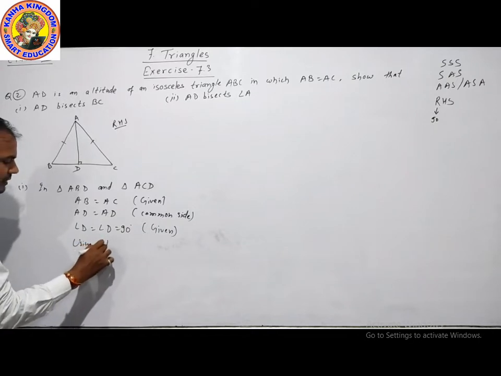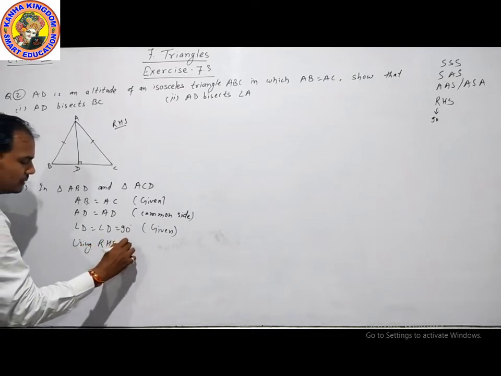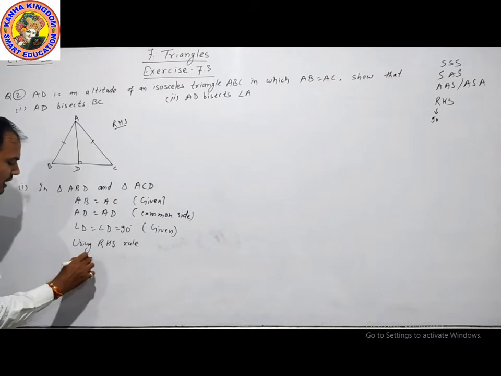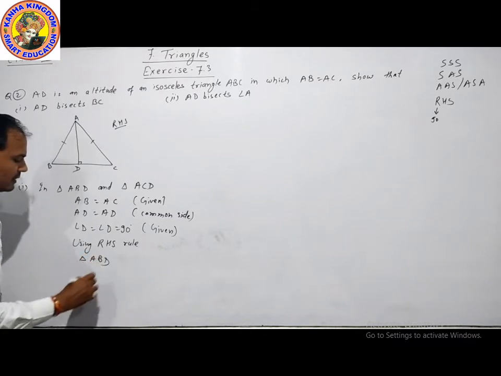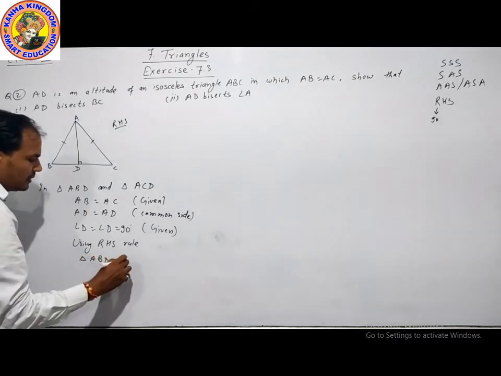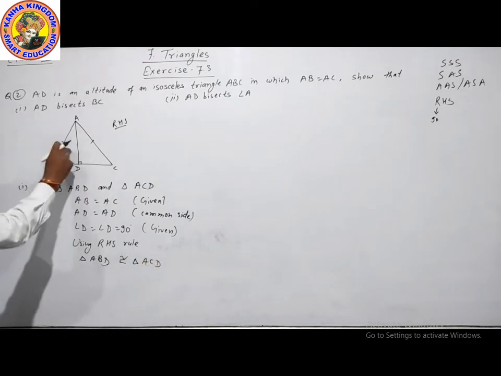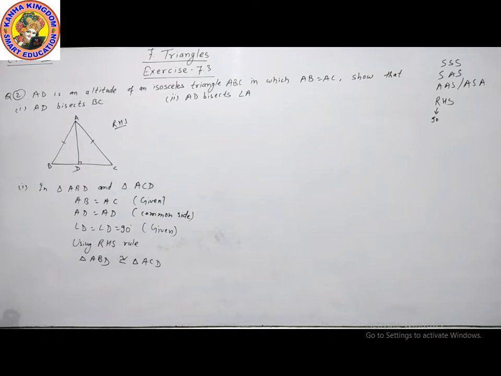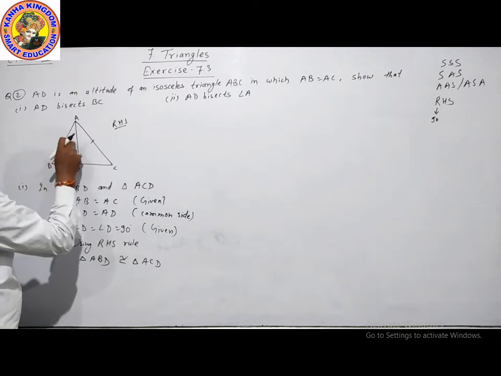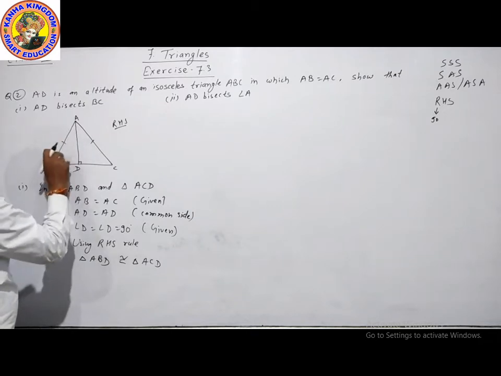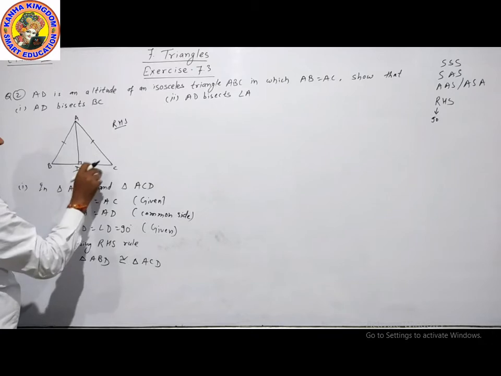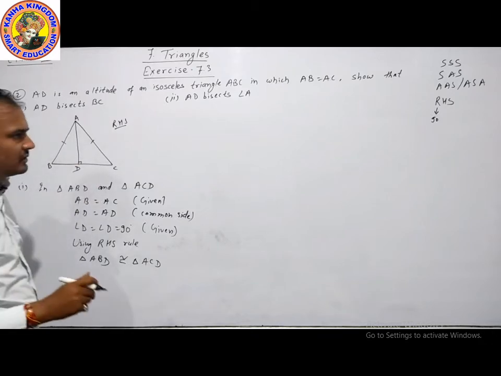Using RHS rule, triangle ABD is congruent with triangle ACD. Now these two triangles are congruent. So using CPCT, we take two sides, this one. So the third side BD and the third side CD are also equal.